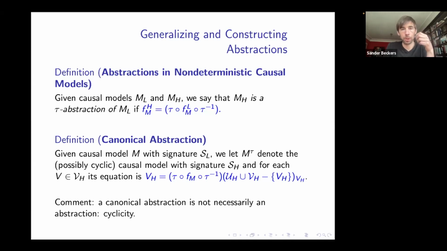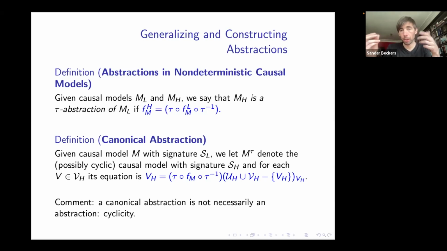And crucially, we can actually use this to then immediately construct a high-level abstraction, which I'm going to call the canonical abstraction. So if you just give me a low-level causal model, M, and I have the low-level signature, I have the high-level signature, and I have my function tau, then I can immediately tell you what the equation is going to be at the high level for each high-level variable. Namely, I'm going to take the function that represented the entire high level, FHM, and all I'm going to do is restrict the domain so that it fits with the domain that you would expect the equation for VH to have.